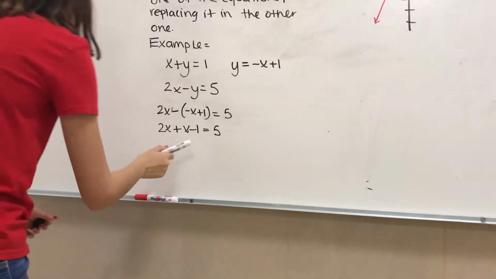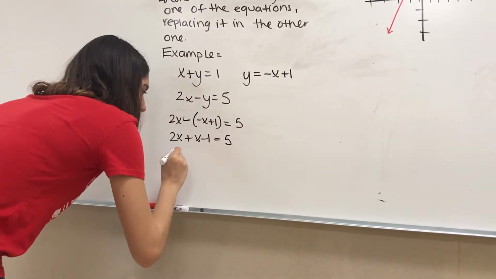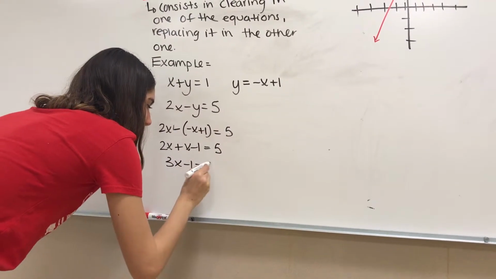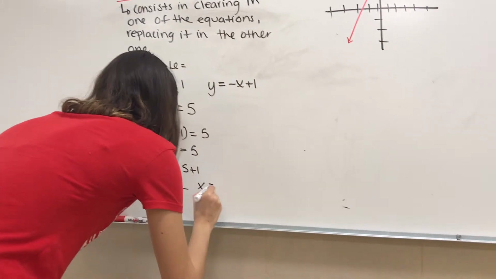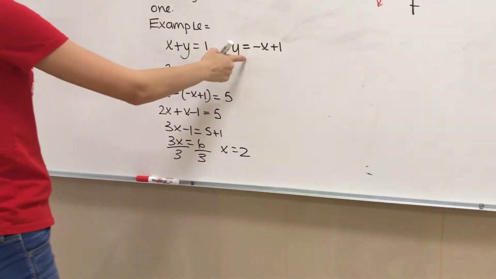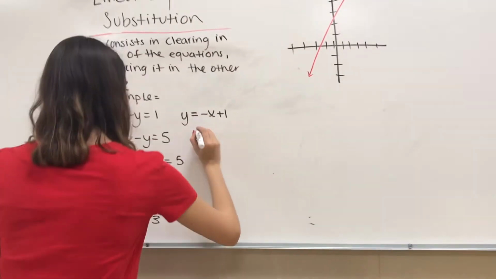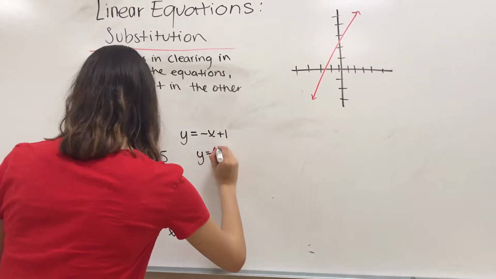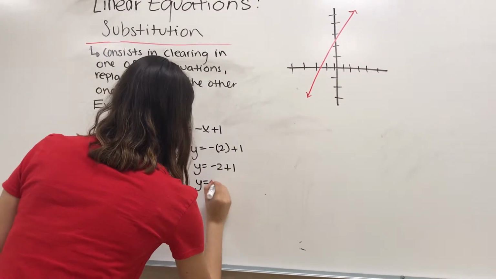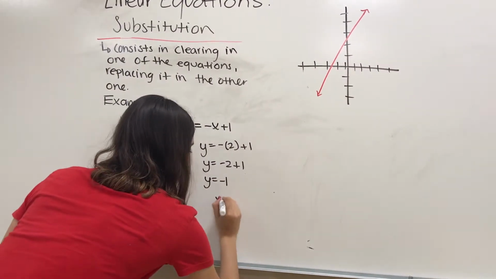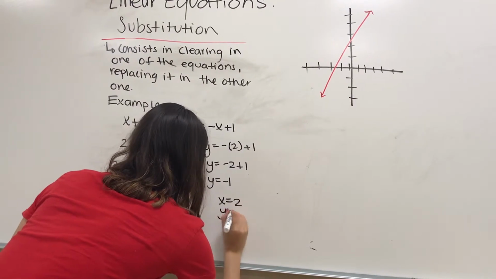Get the x alone, so it's going to be 3x, and then to get the y, I'm going to use this equation. It would be x equals 2 and y equals negative 1.